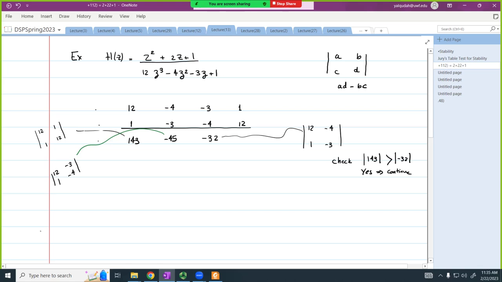What are we going to do? We reverse this line. So we get negative 32, negative 45, and 143.